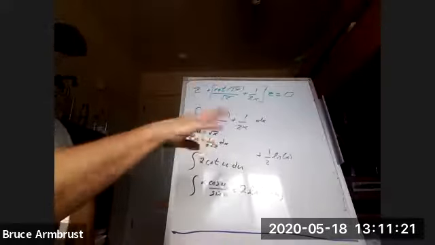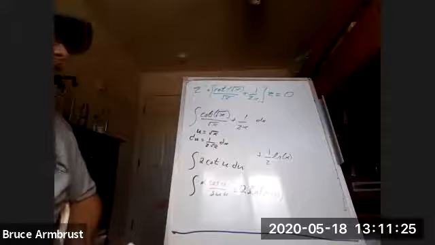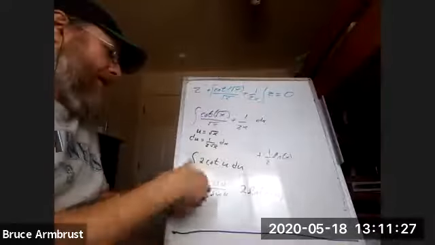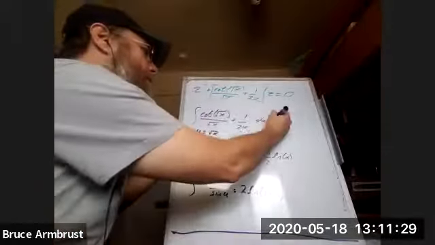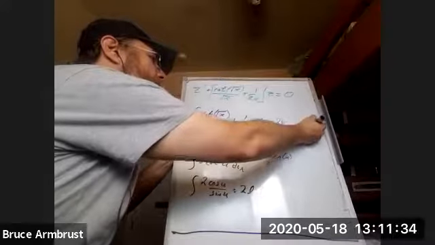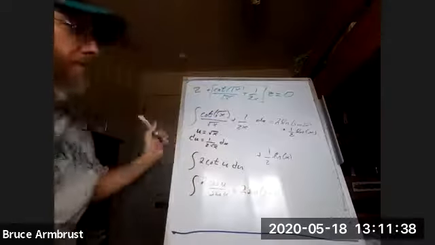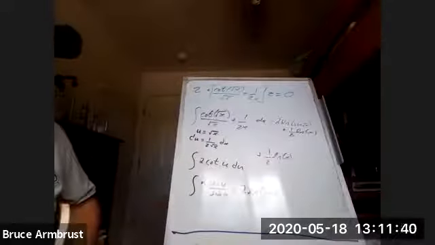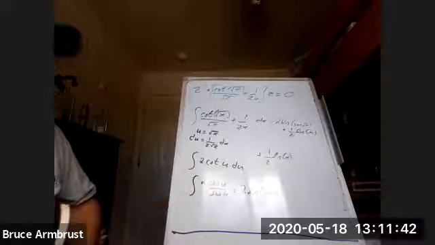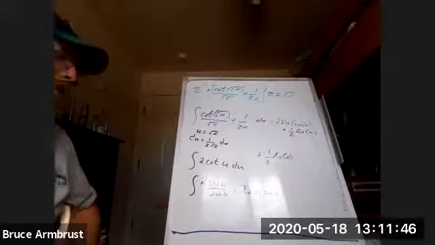And yes, I know plus c's, but don't worry about that. So then if we put it back in, this will give us 2 natural log of sine of square root of x plus 1/2 natural log of x. So that's that integral of the p.